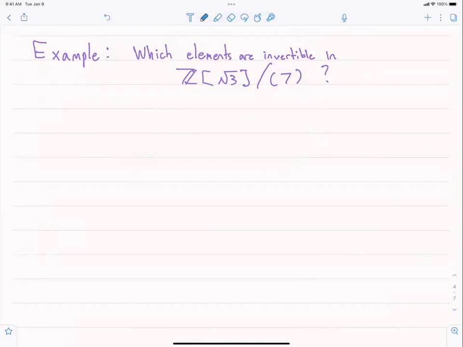So say we have a plus b√3, with a, b in Z mod 7Z, which is F7. Well, what should I do? I want to compute 1 over a plus b√3. Let me just pretend it exists.